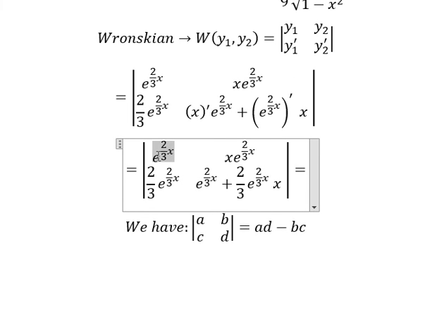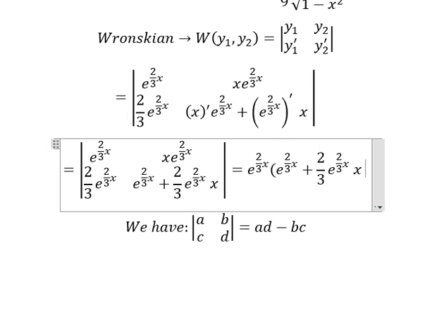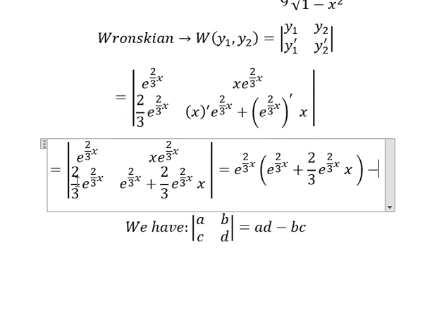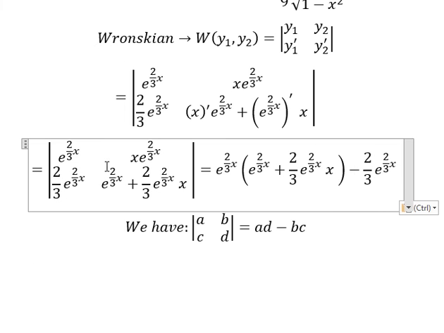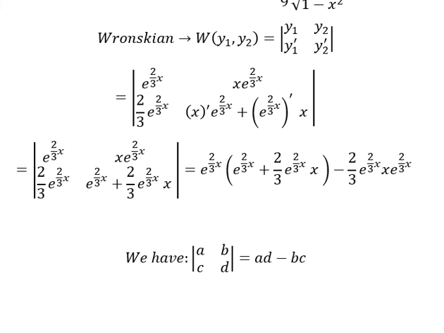So this one multiplied by this one minus this one multiplied by this one. So if we simplify this one, we have e to the power of 4 over 3 s.